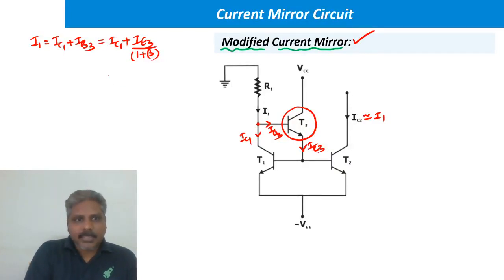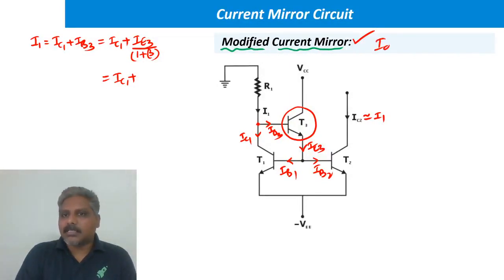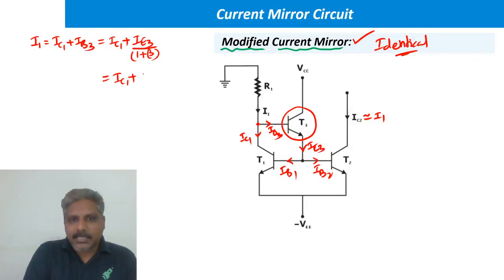Now IC1 plus IE3 can be written as IB2 plus IB1, because again I am taking the transistors as identical, so again the currents are the same. So can I write IE3 as 2 IB2 divided by 1 plus beta?